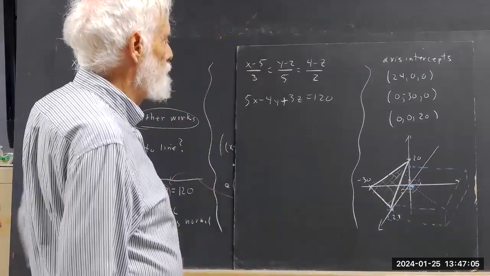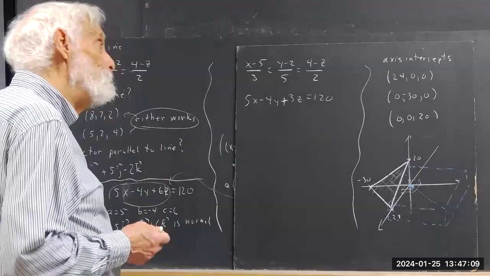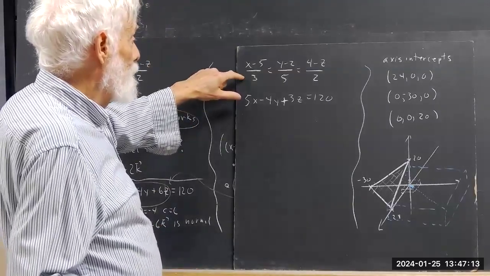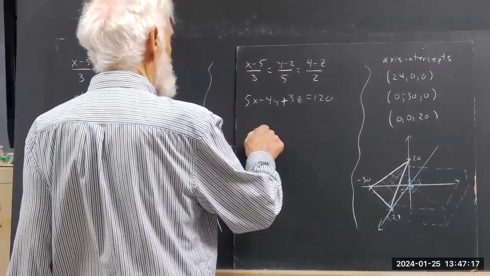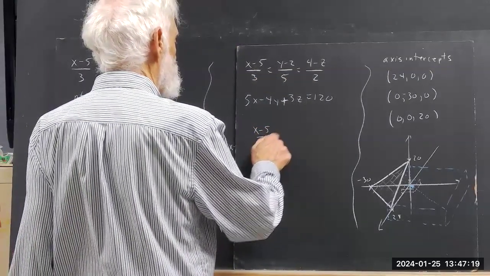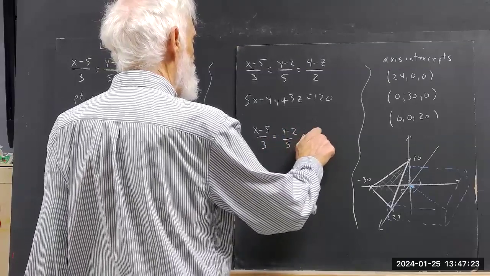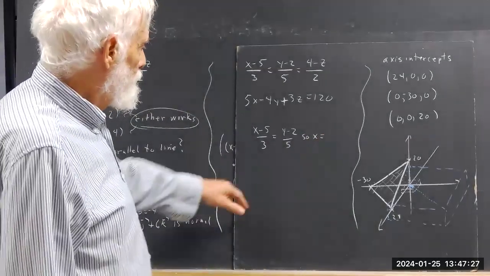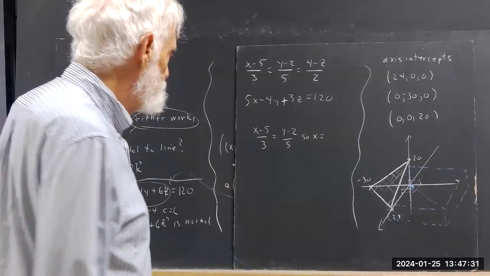Okay, so what do you do now? Well, we can start eliminating variables. This has to equal this. We can solve that for x. 3/5 of y minus 2 plus 5.